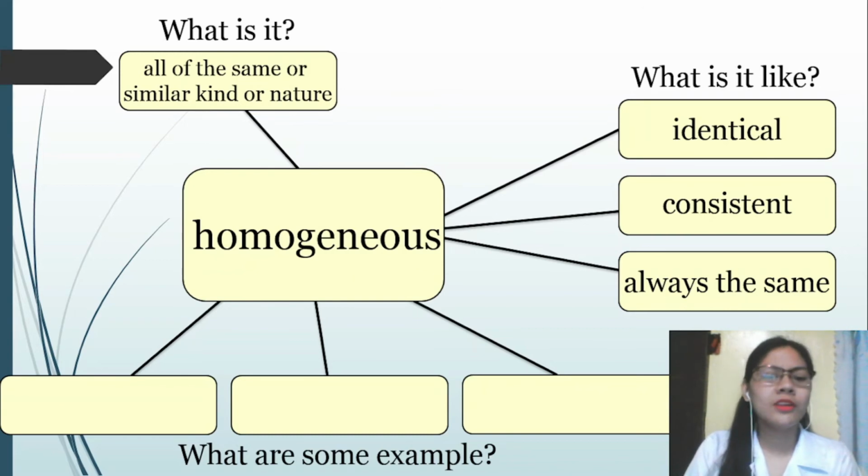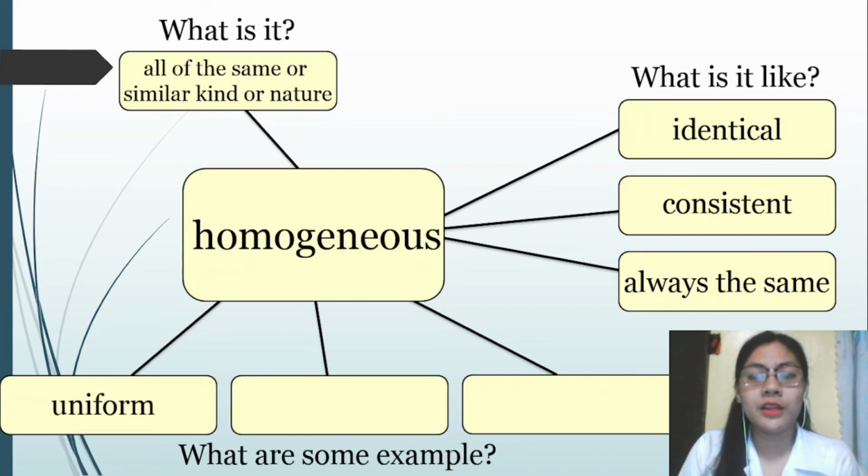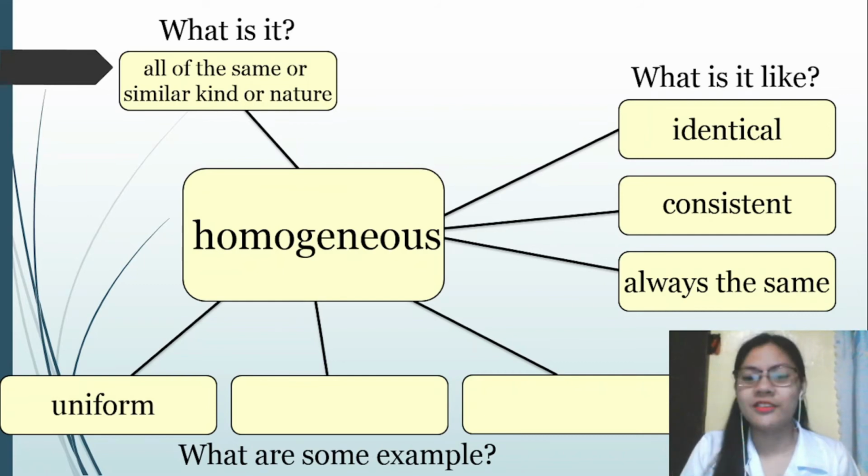Now, what are some examples of homogeneous? Can someone answer? Someone answered it can be the uniforms we wear. That is good. Good job. What else?